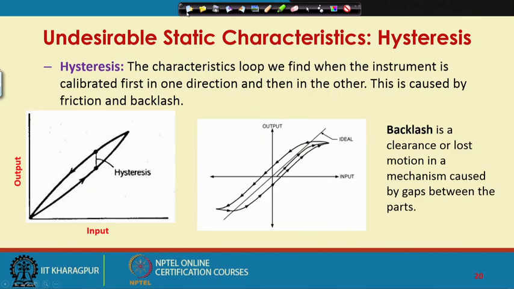The non-coincidence between these two output readings forms a characteristic loop, and this is known as hysteresis. So, this is an undesirable static characteristic.